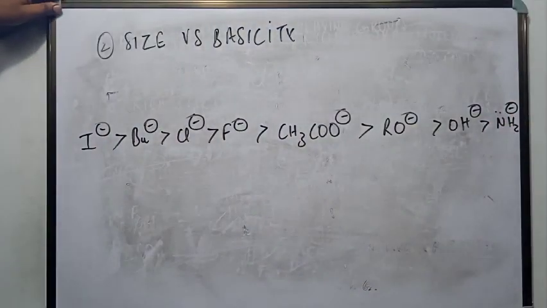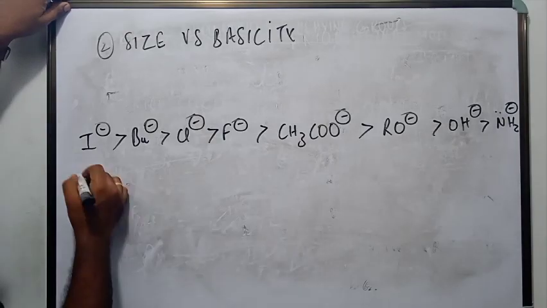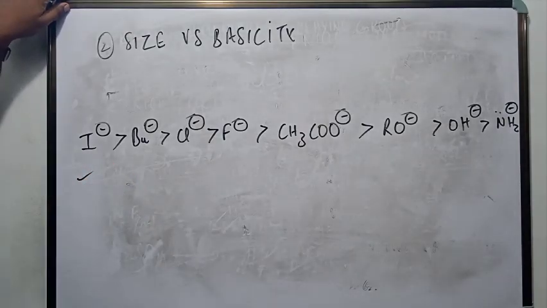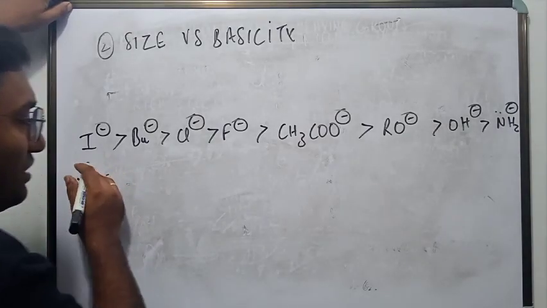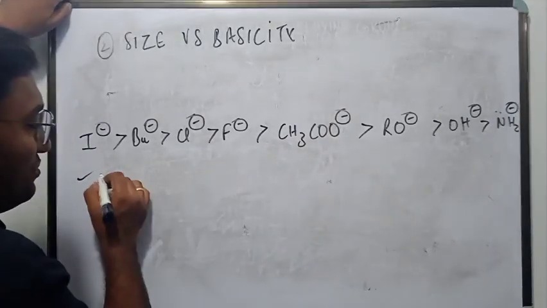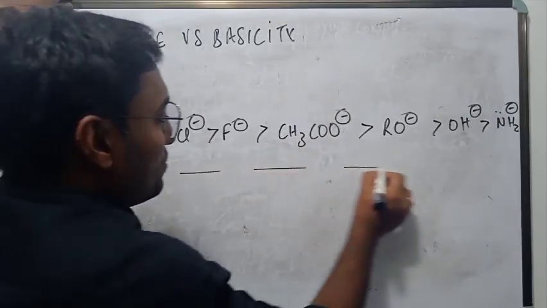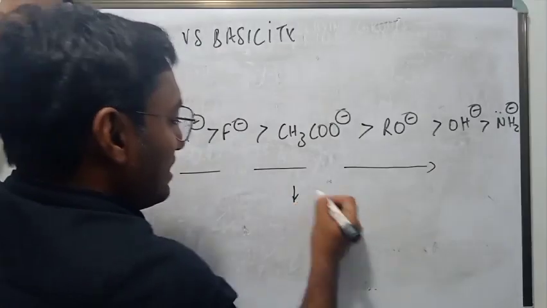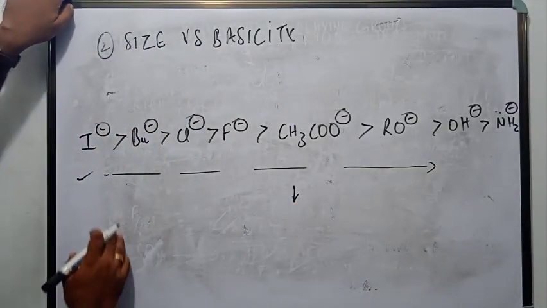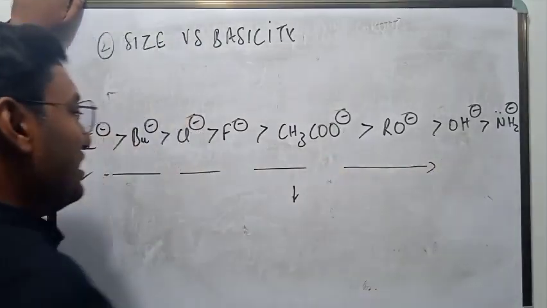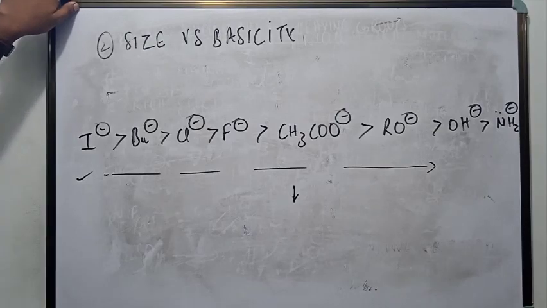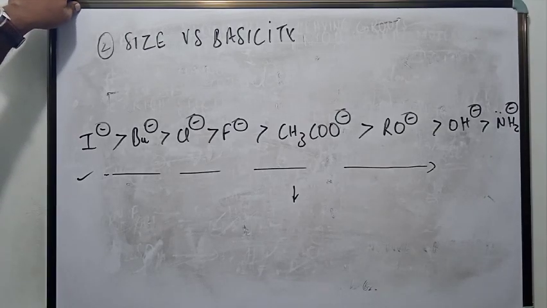The best leaving group is I minus. If you go from right to left, you will see that the power of the leaving group is decreasing. So this is the descending order of capability as a leaving group. The best leaving group is I minus.